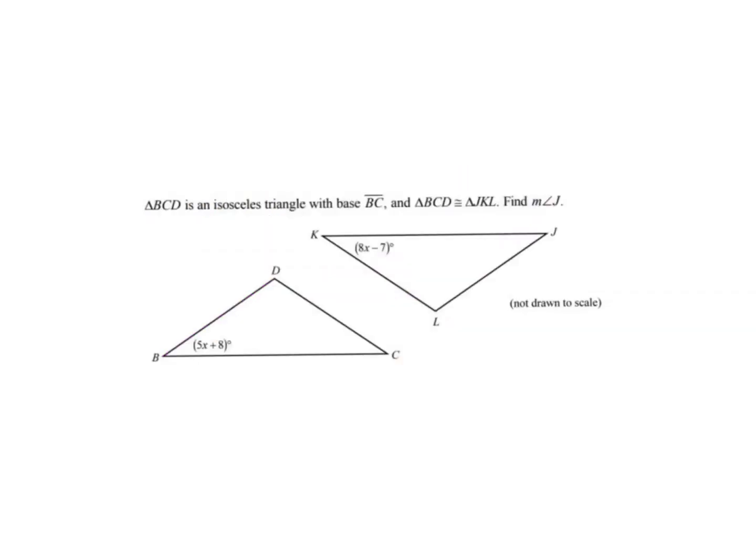Moving on. This is a good one I like to bring up because it brings up this idea of isosceles triangles. So there's another piece of information you have to use here. The isosceles triangle tells you that two sides are equal. And because two sides are equal, that's also telling you that these base angles here and here are congruent.